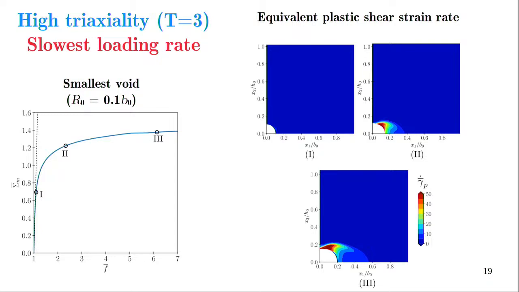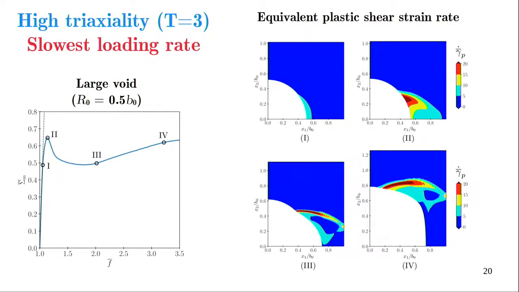I am not going to discuss that. So at slowest reactivity we see shear bands going in the 45-degree direction, whereas at higher reactivity we see this kind of local plastic deformation.